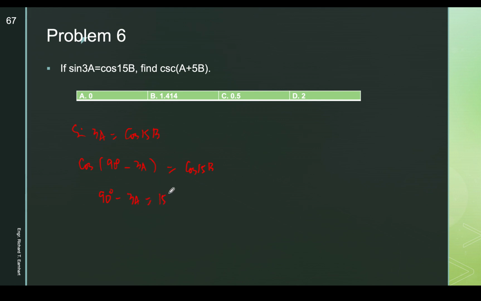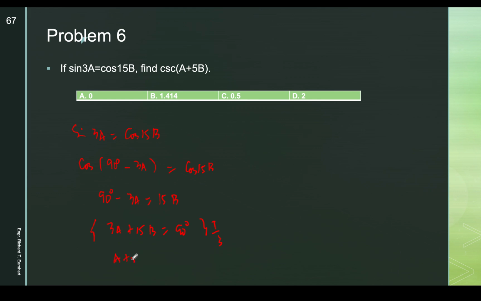And then you can now equate the angles if they have the same cosine. And okay, you have 3a plus 15b equals 90 degrees. Okay, let us simplify by dividing each by 3.